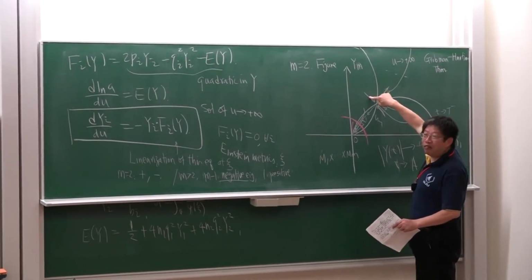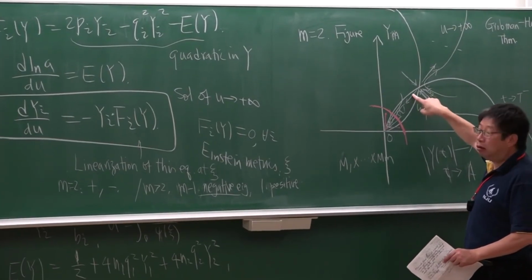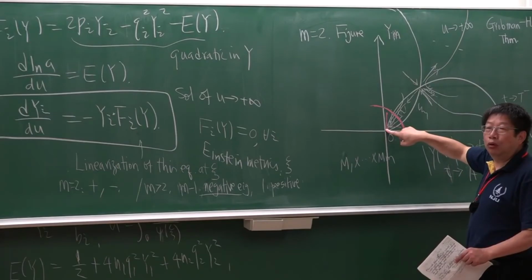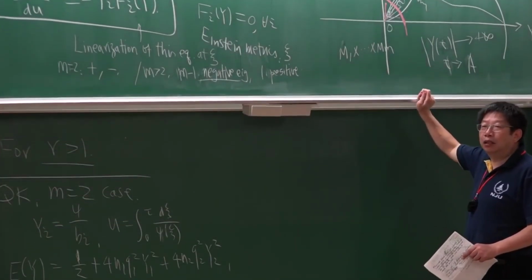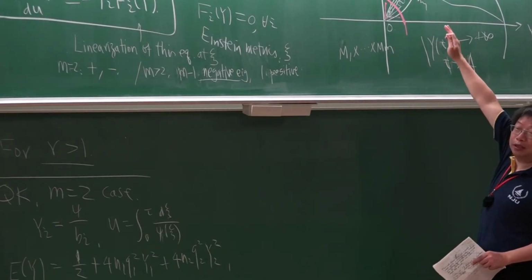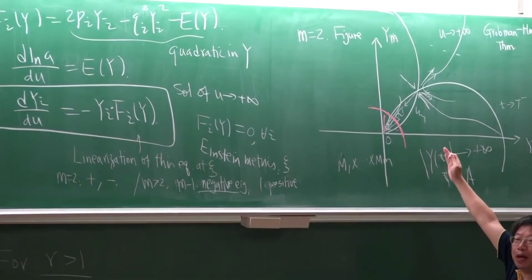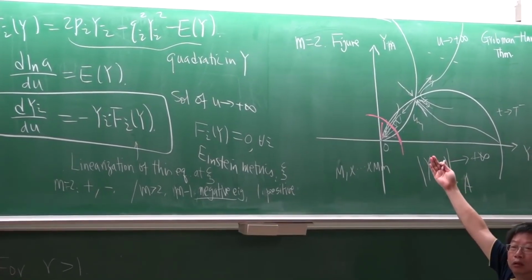If you start from here, it'll give you C. If you start from here, it will give you this one. So it's still that picture, because from the ODE point of view, that's a slice in the whole metric space. That is a hyperbolic point, a limit point.